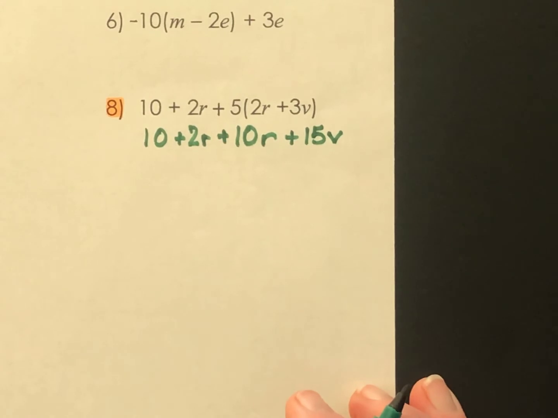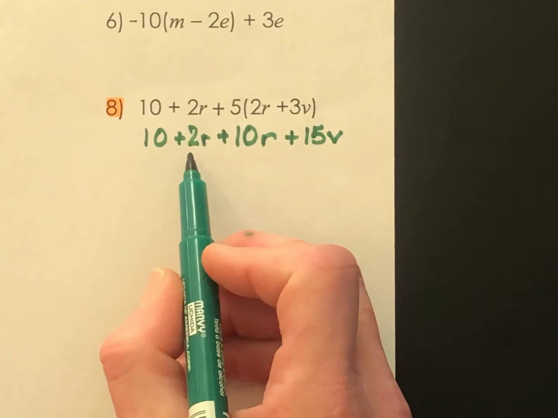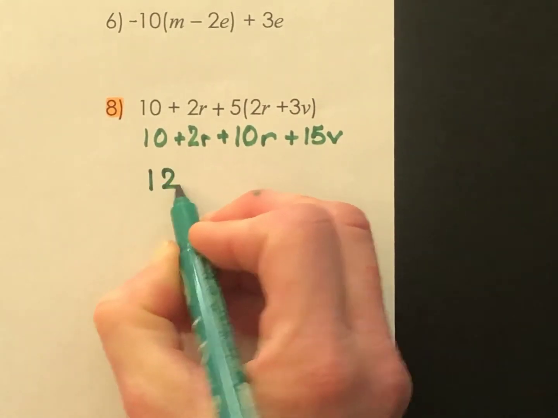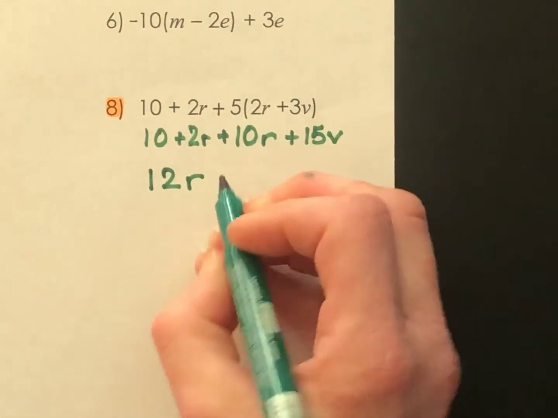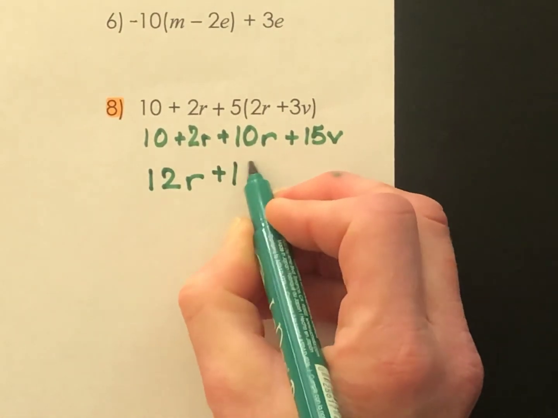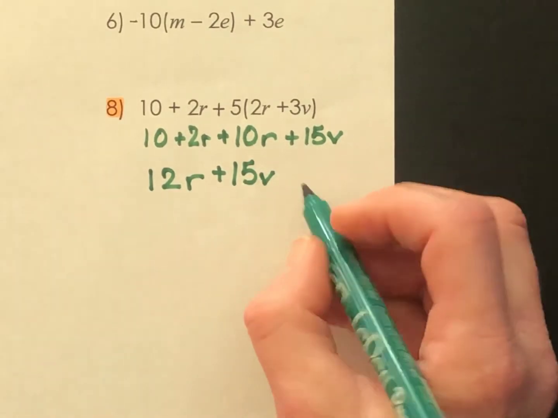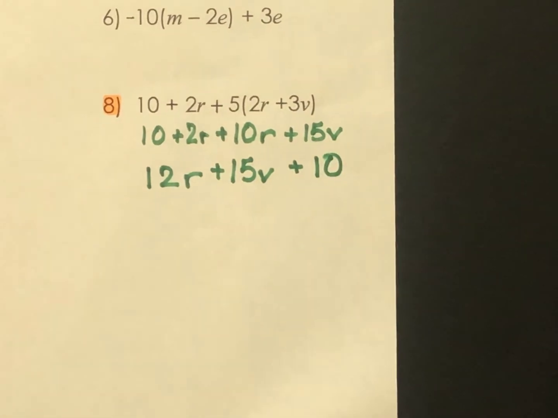Now I see that I've got some terms I can combine. When I put them in alphabetical order, r comes before v. So 2r plus 10r is 12r plus 15v. And finally, my constant, plus 10. There you go.